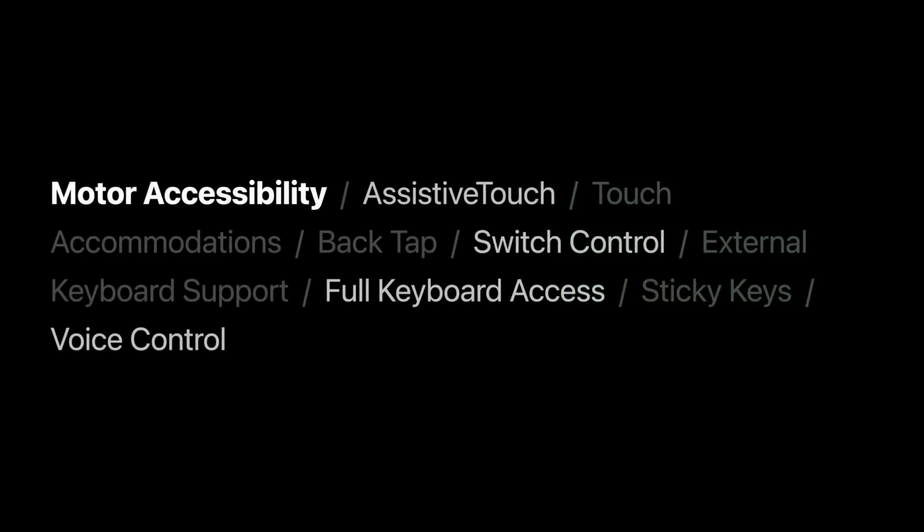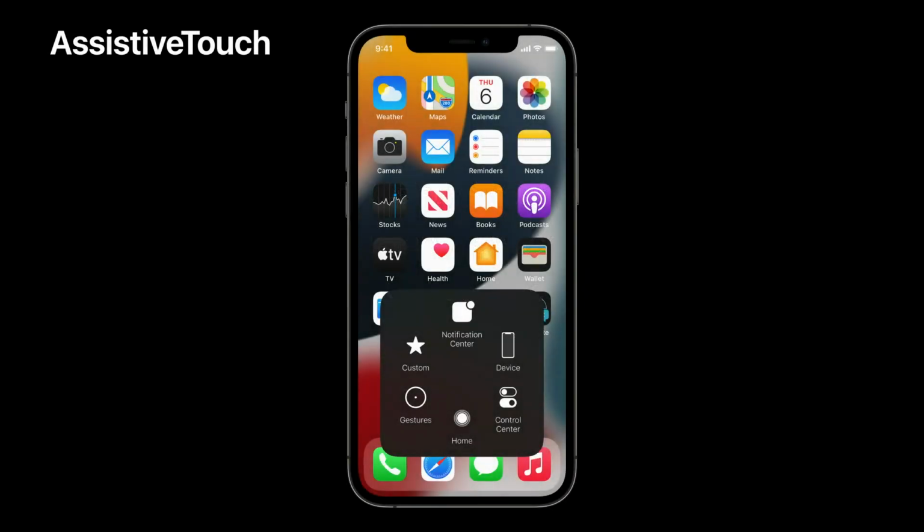iOS provides numerous assistive technologies to help those with motor impairments have a seamless experience with their devices. For example, we offer assistive touch for people who might have some difficulty with hardware interactions or multi-touch gestures. Assistive touch uses an on-screen menu to simplify these interactions down to simple, single taps.